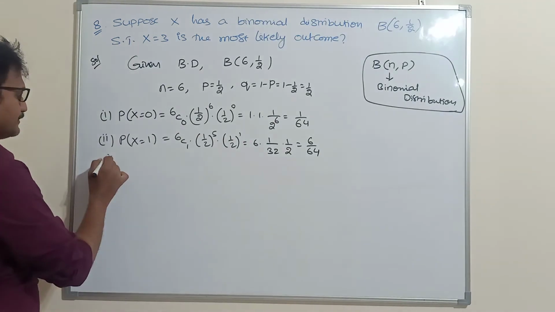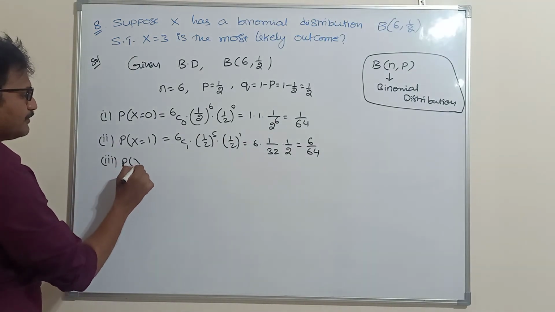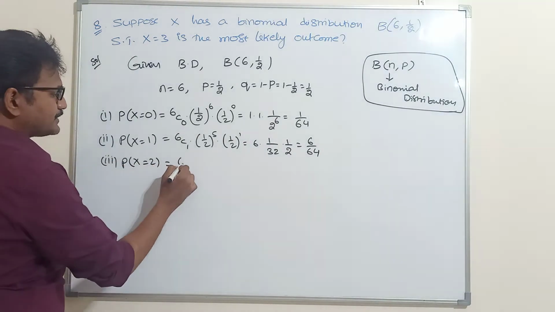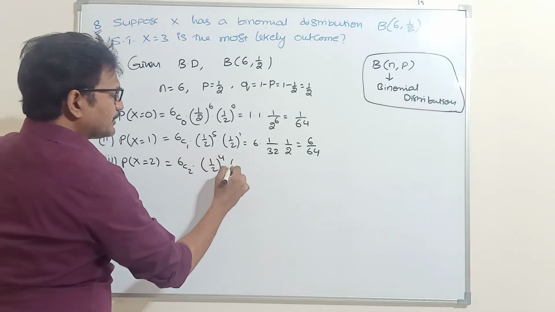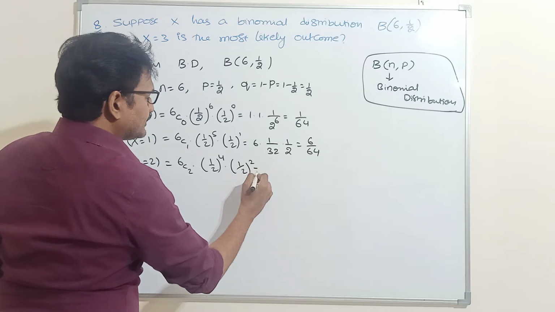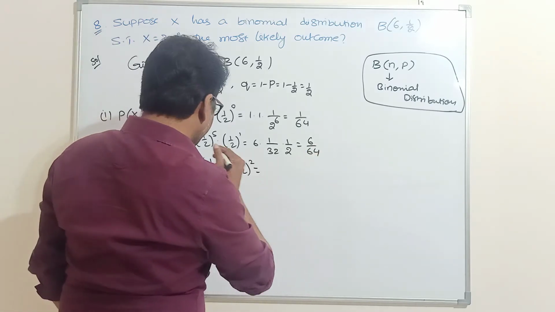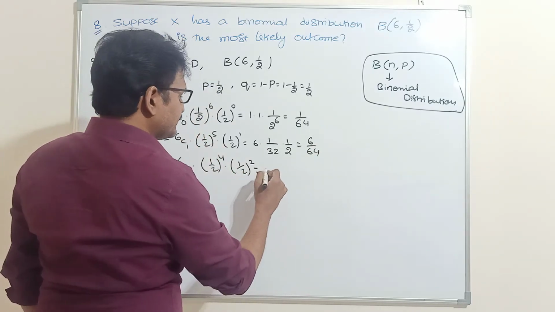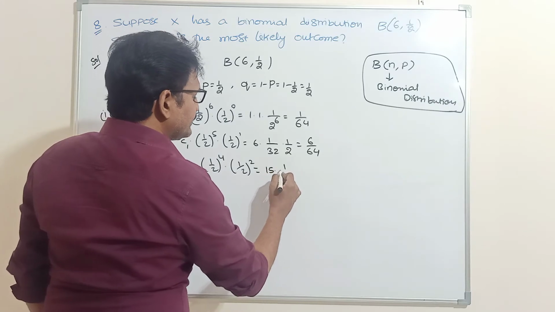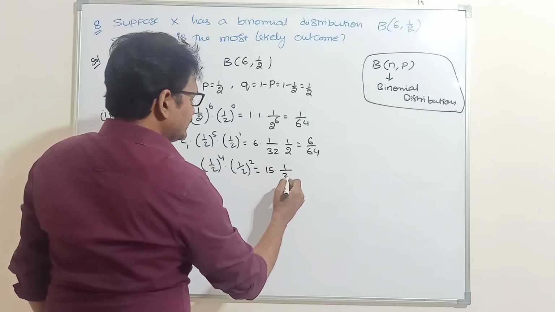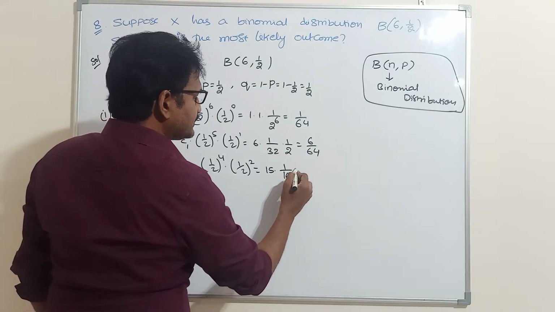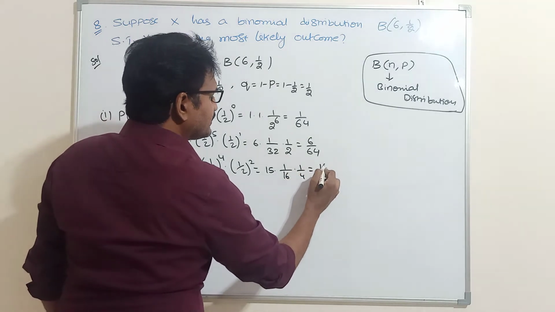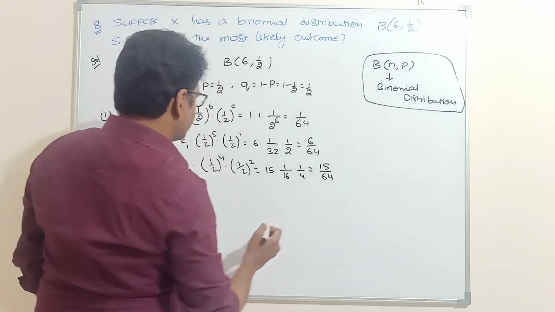Next, third one, P(X = 2) is 6C2 (1/2)^4 (1/2)^2. That means (6 into 5)/(1 into 2) = 15, 15 into 1/16 into 1/4, that means 15/64.